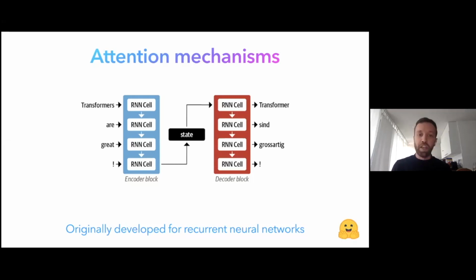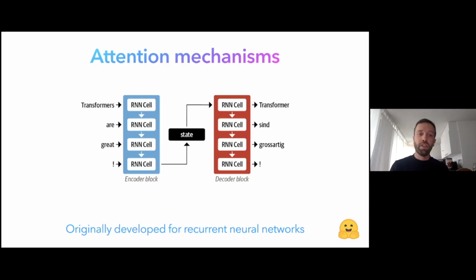This is called the encoder step, where you take an input and you encode it in a state. That's what comes out of that encoder block. That state is then used in the decoder block, where again a different RNN cell is used to decode that information from the state into the new language.